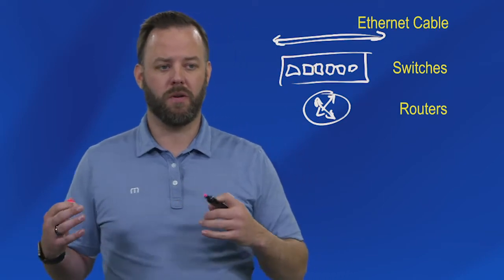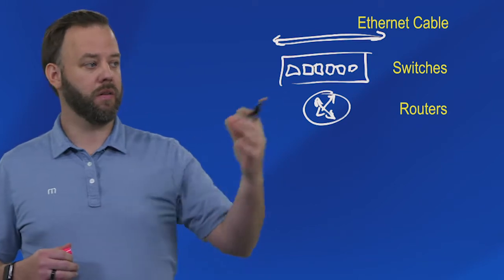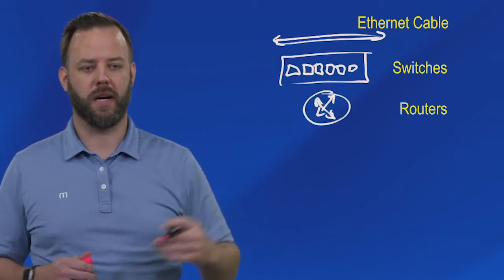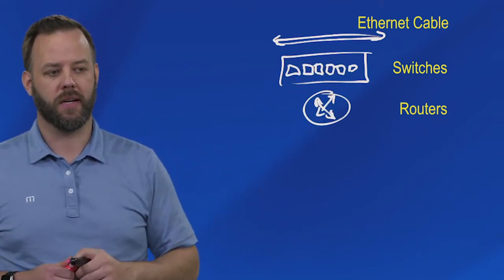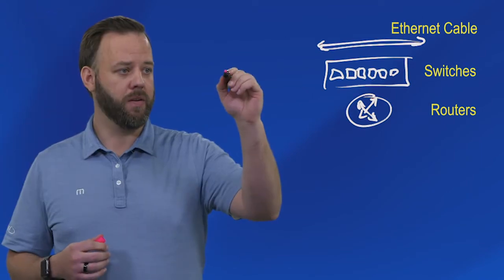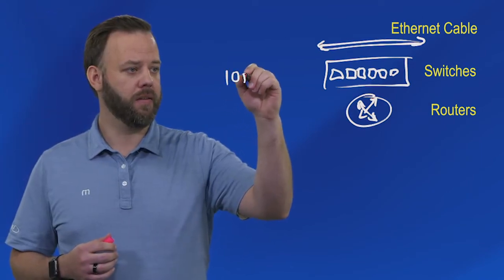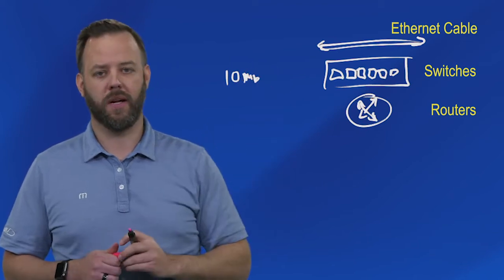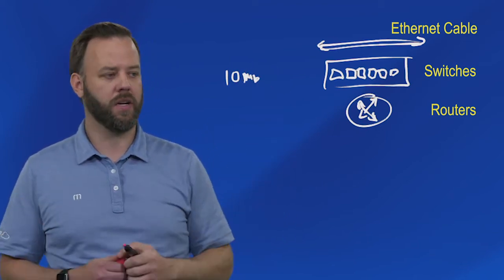From there, you might say, well, how fast is the network? Well, there's lots of different types of switches out there and devices that can connect to them. Many, many eons ago, you could go as slow as 10 megabits on an Ethernet connection.